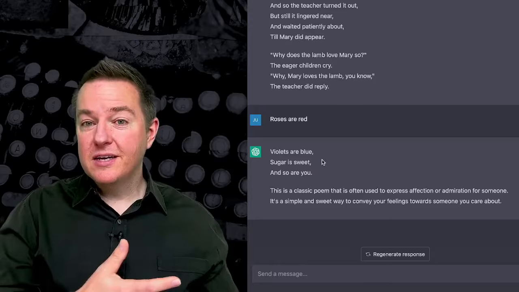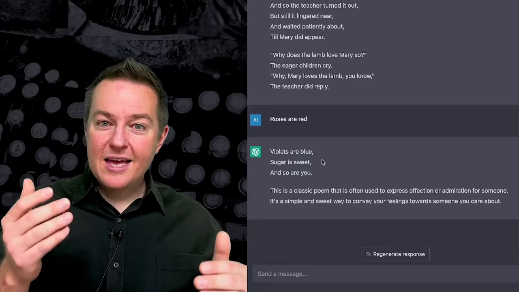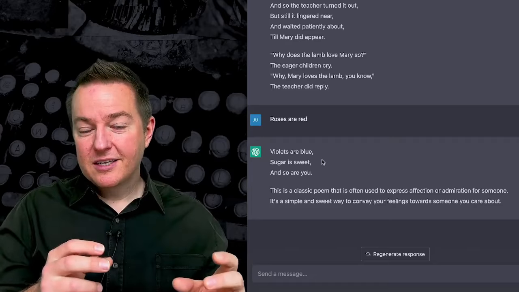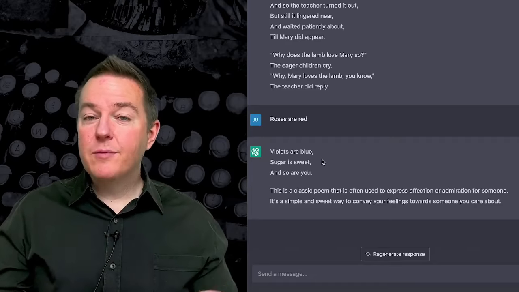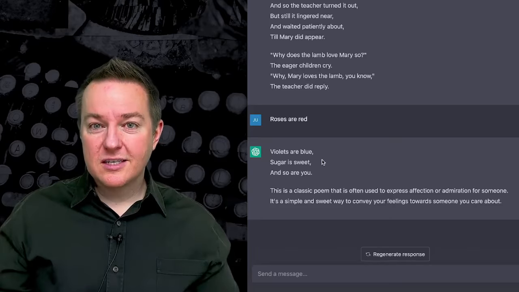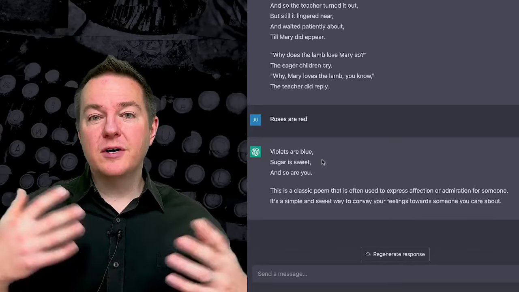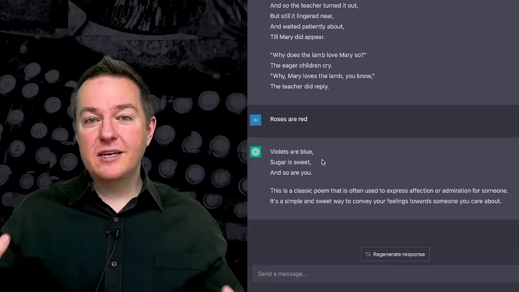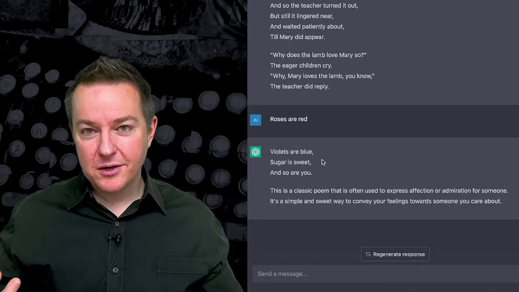They would show it part of a paragraph of text from the internet, part of the sentence, and they would ask it to try to predict the next word in the sentence. And when it got it wrong, they would go and tweak the model, which is what they call these things. They're called large language models, and they're large because they were trained on so much data, and they have so many different parameters to them.